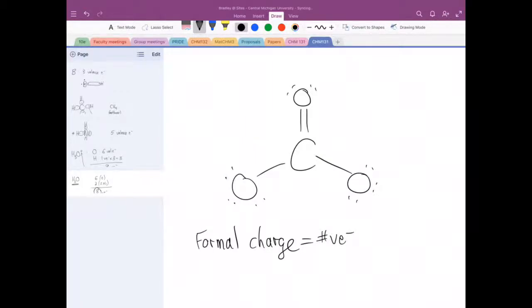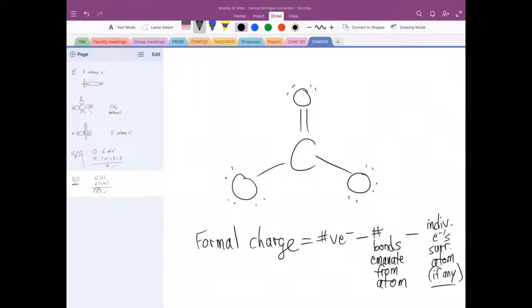And then subtract the number of bonds that emanate from that. And then subtract from that how many individual electrons surround that atom, if any. Maybe you will have 0 there if there are no additional electrons.